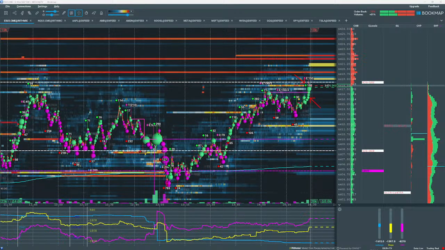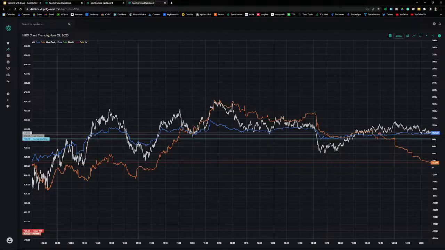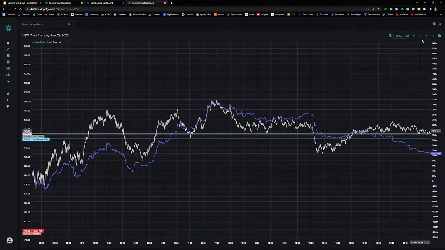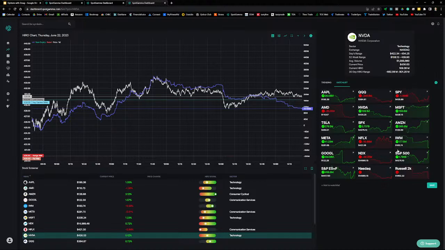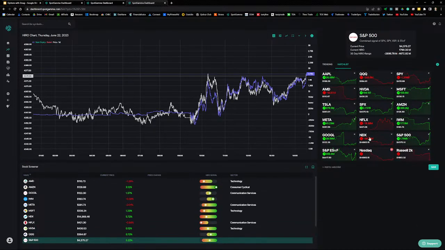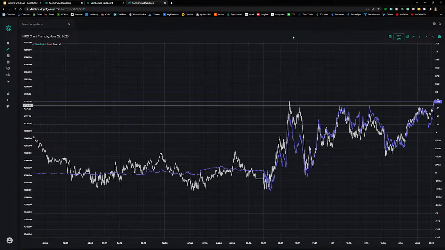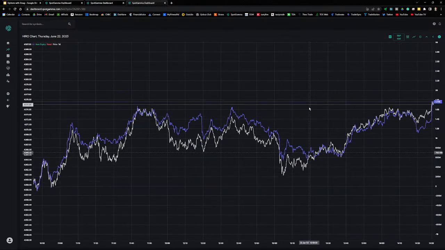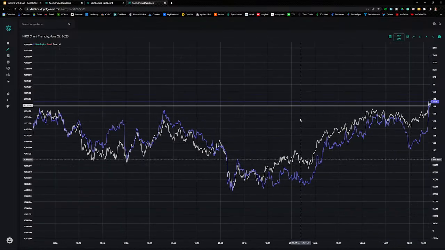Let's see what options traders are doing. Go back to Hero, the total signal, S&P 500. And they are buying. They're taking positive delta positions.